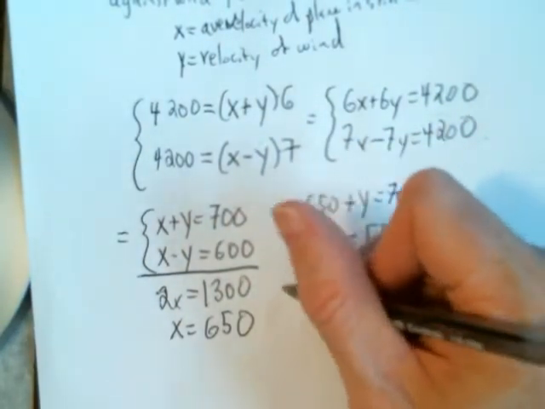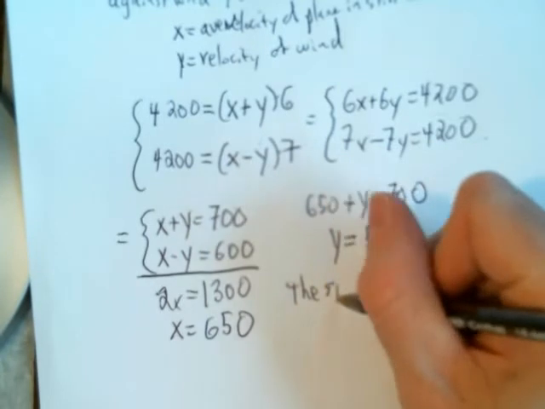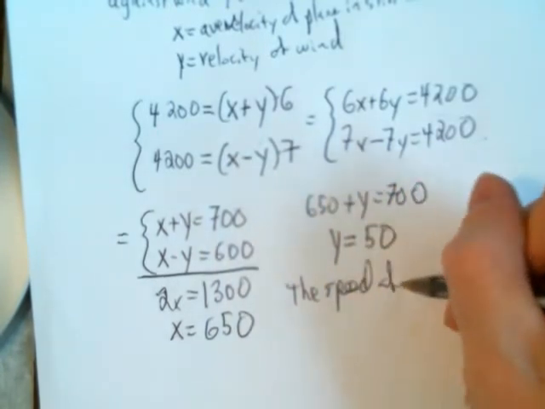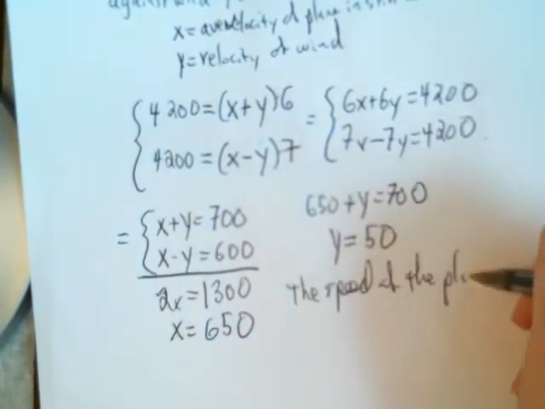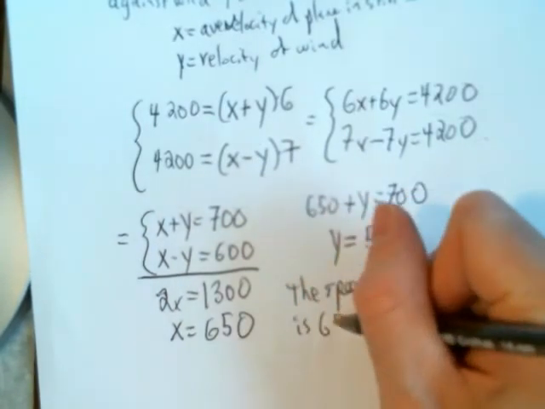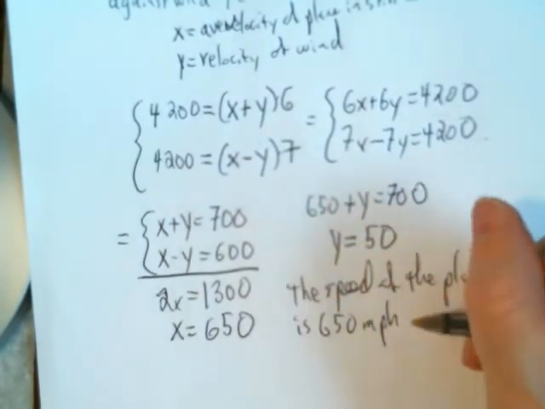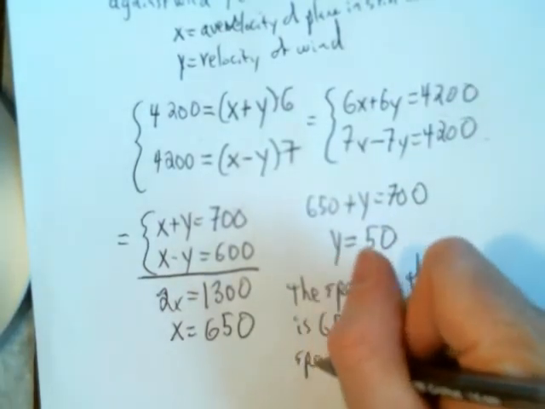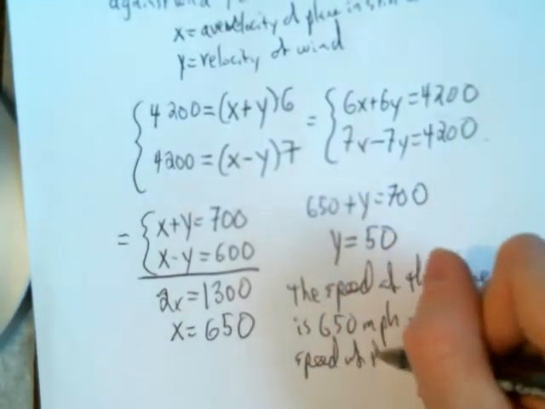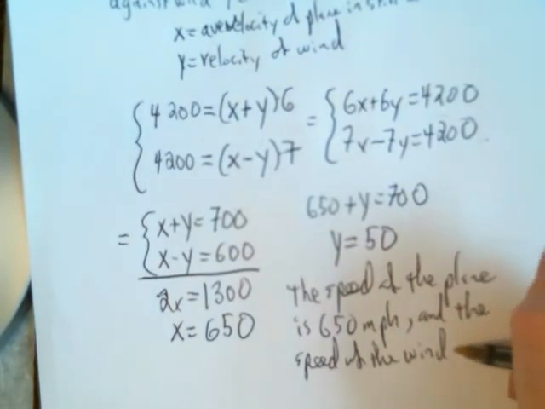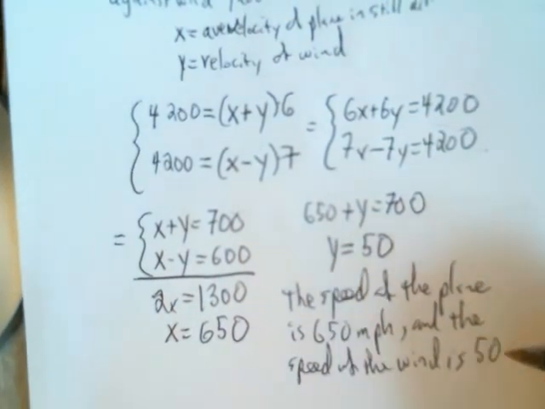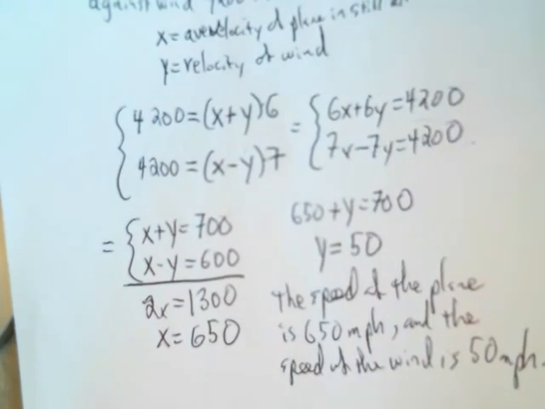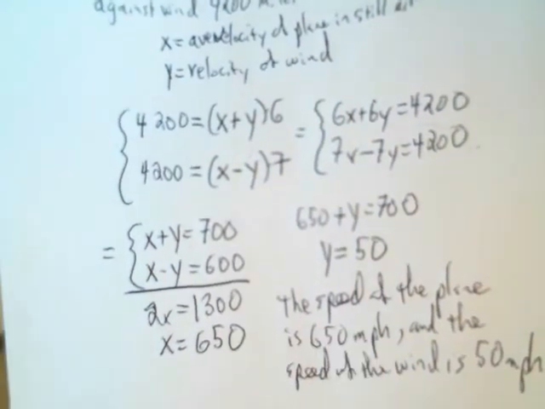So anyways, the speed of the plane is 650 miles per hour, and the speed of the wind is 50 miles per hour. And that'll do it for 7.1.